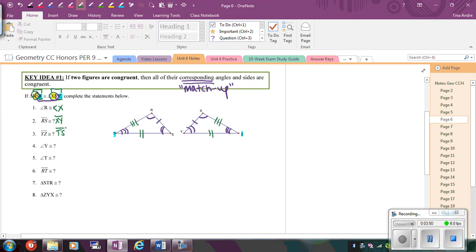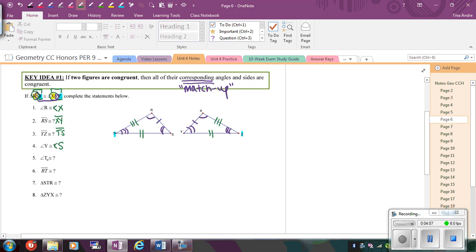I purposely did that to show you that the corresponding letters aren't in the same position for the segment, but it's still correct because there's only one segment from S to T or T to S. It's the same thing. And then angle Y is going to match up with angle S.